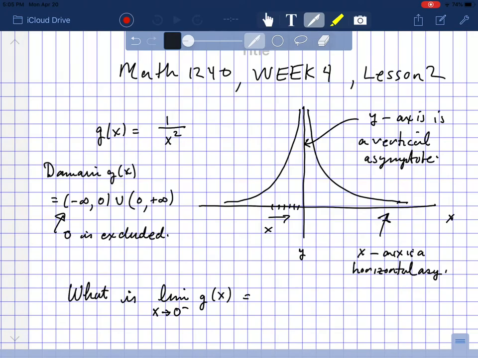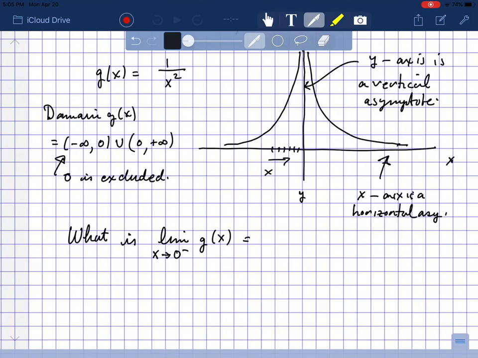So what we write here, so as x gets closer and closer to 0, notice it can never equal 0. And especially now because our function's undefined at x equals 0.